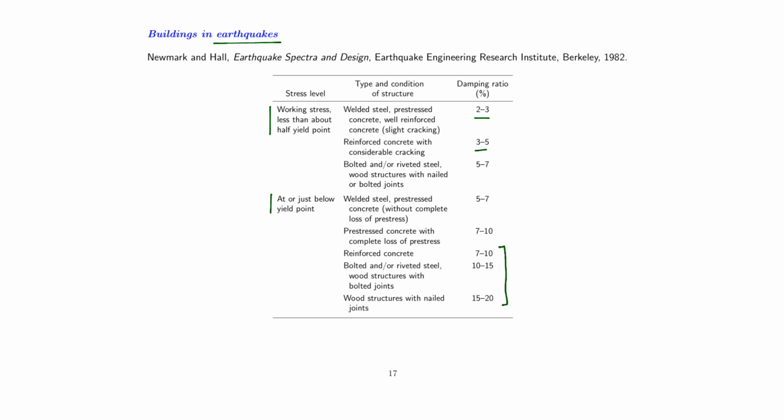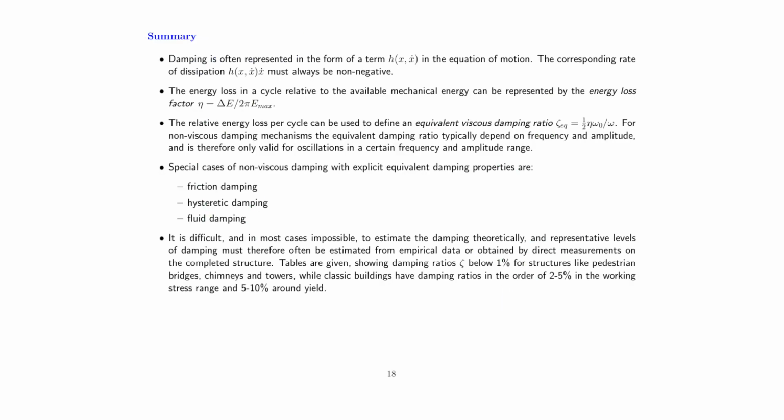But again, one could argue that for an earthquake with impact loading, the amount of damping is not really that crucial for the maximum deflection. It's governed by the stiffness of the structure. So often these large damping values will not save your structure from destruction. I'll leave the summary to you, but remember that the dissipation condition should always identify your damping mechanism as being non-negative.